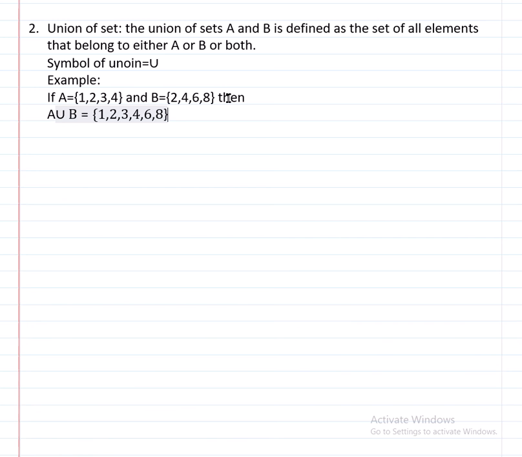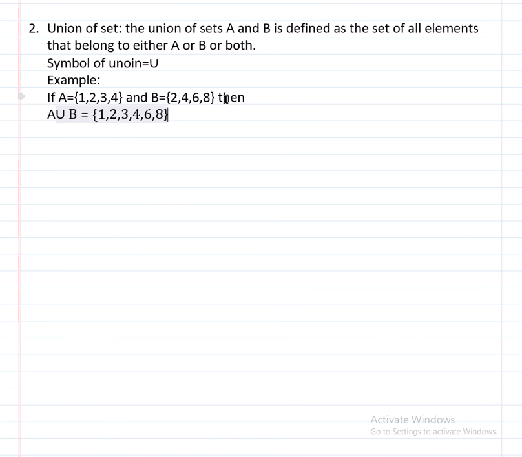Alright, so when we do this, it means that we can also say that A union B can be the universal set of set A and B, because they all belong to A and B. Okay, so A union B could be the universal set.